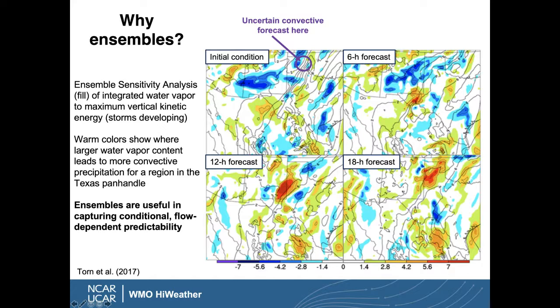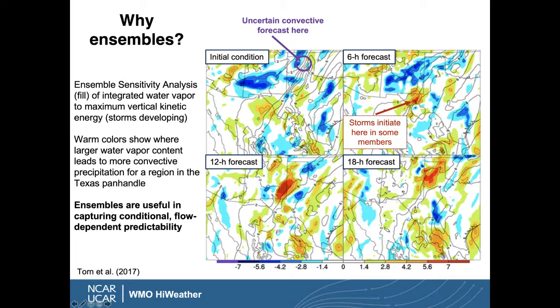So in this particular case, we have an uncertain forecast of high impact weather in northeastern Texas Panhandle shown within that purple circle. And now, if we look at this initial condition, which is the upper left panel, we don't really see any bright red blobs, which would tell us that there's a strong sensitivity to this forecast event occurring in our initial state of the forecast system.